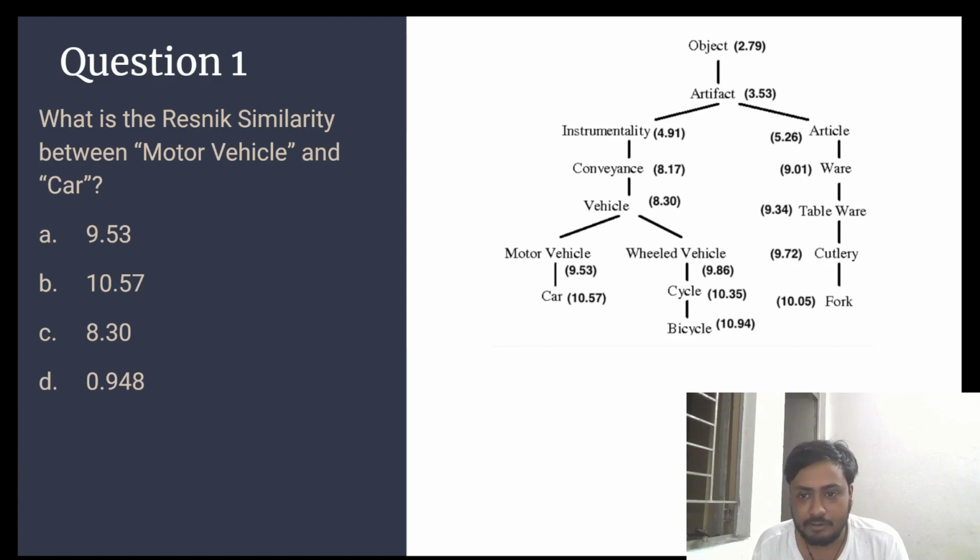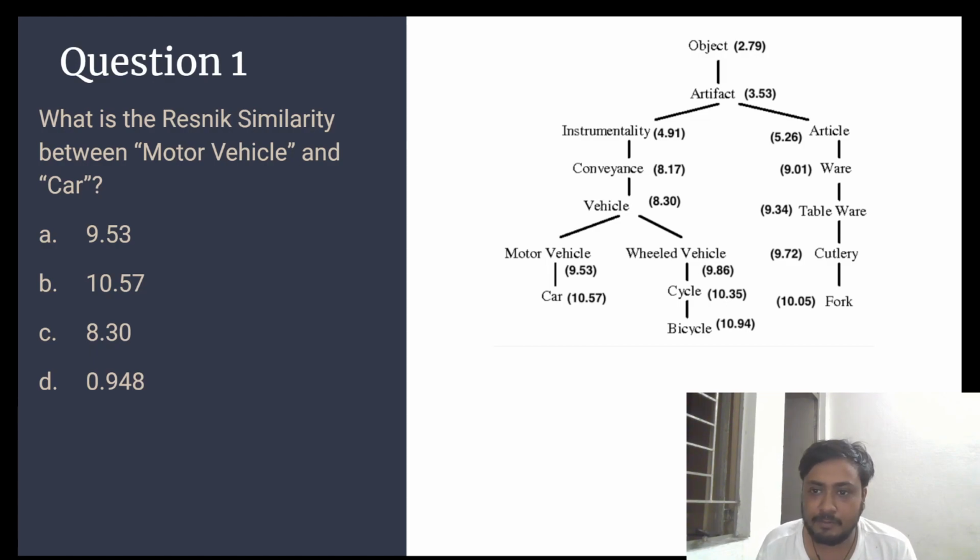Before you answer, tell me what these values signify in the figure. Yes, these values signify the information content, because as you can see there are values greater than 1, so they cannot be probabilities. So they are the information content, which is minus log 10 of the probability.